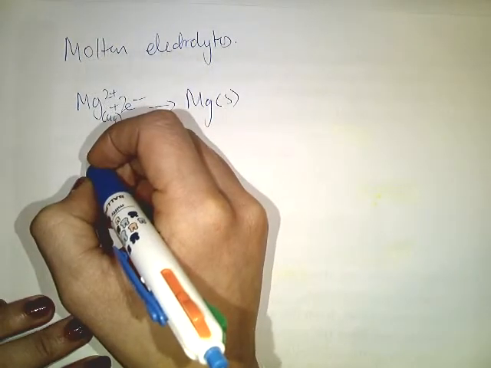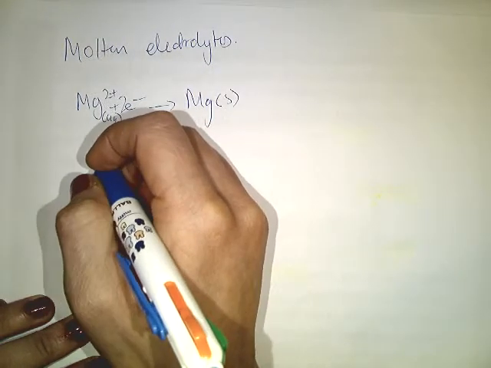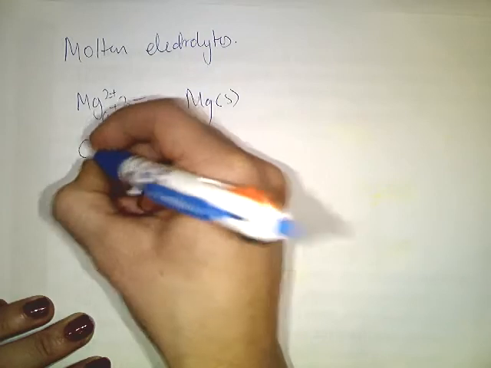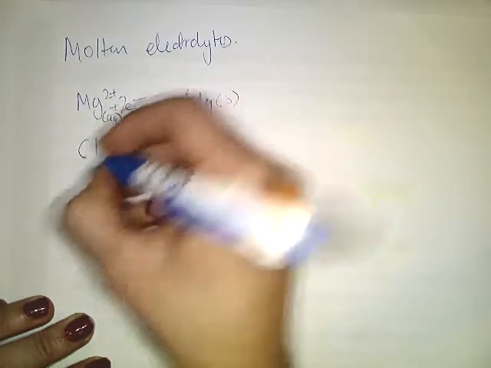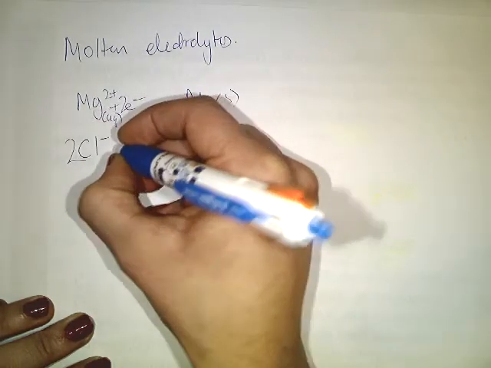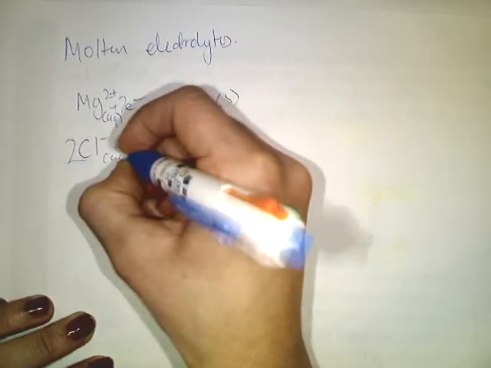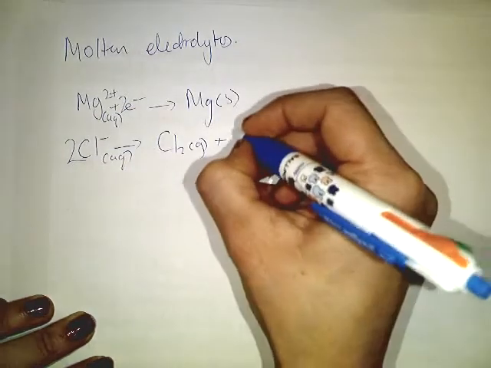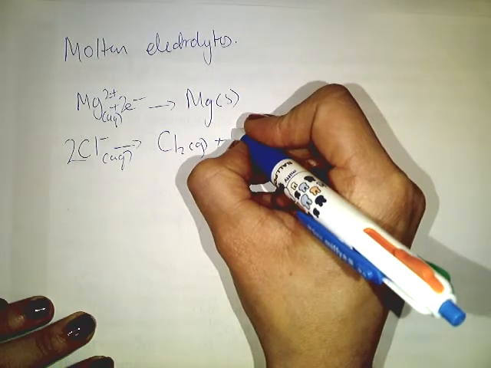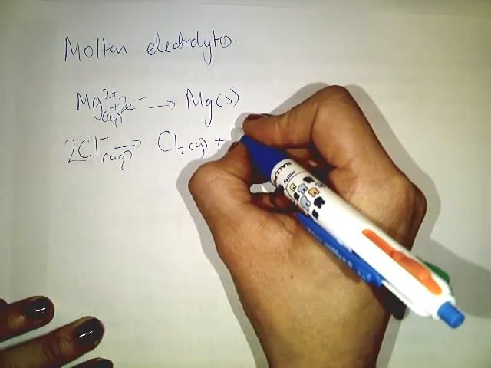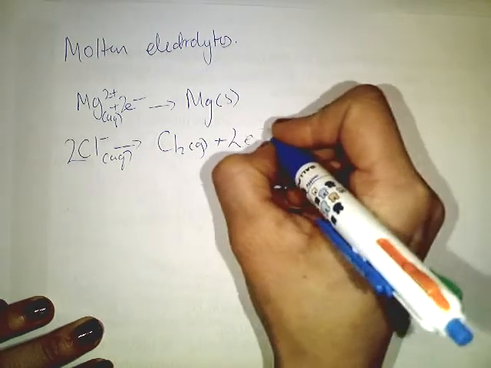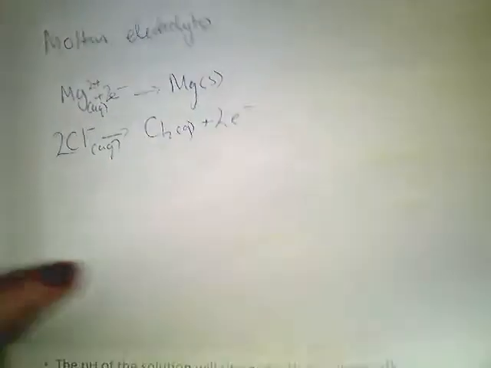We then want to get chloride, and we want to use chloride to get chlorine gas. These are the desired reactions, plus 2 electrons.